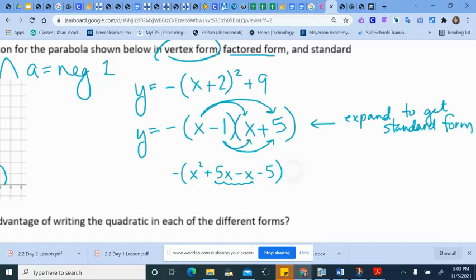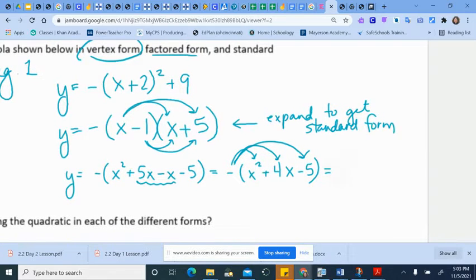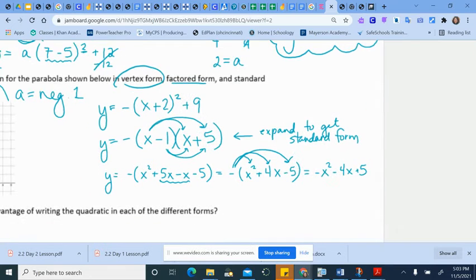So equals negative times x squared, 5x minus 1x is 4x, minus 5. Distribute that negative. So eventually I get negative x squared minus 4x plus 5. There we go. There's my standard form.